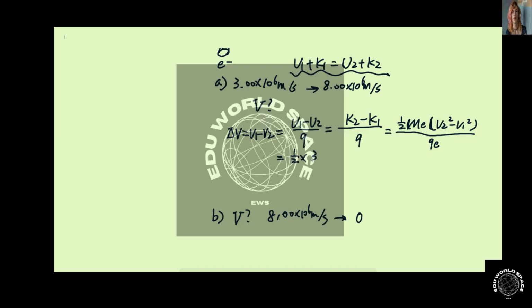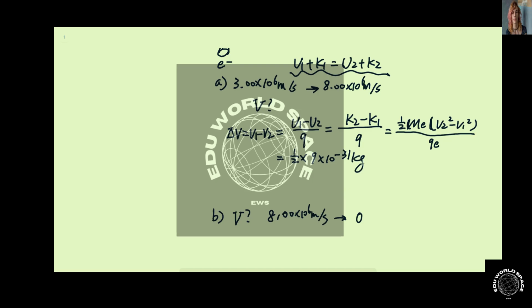9 times 10 to the negative 31, I believe. Let me just double check. Okay, yes, it is 9 times 10 to the negative 31 kilogram, and times v squared.